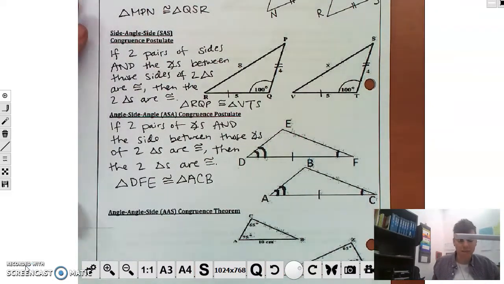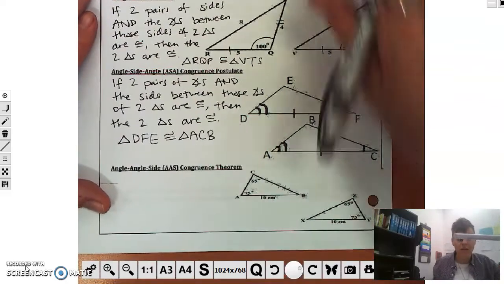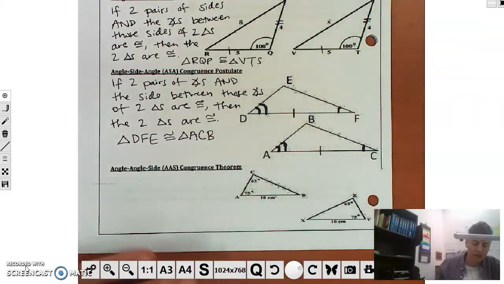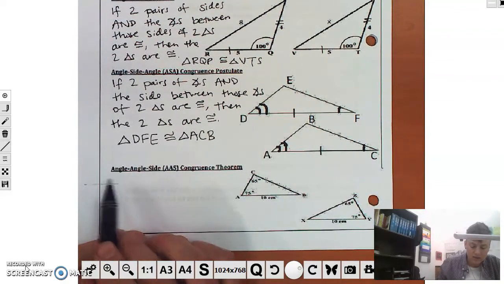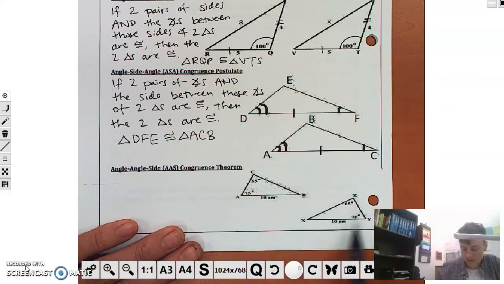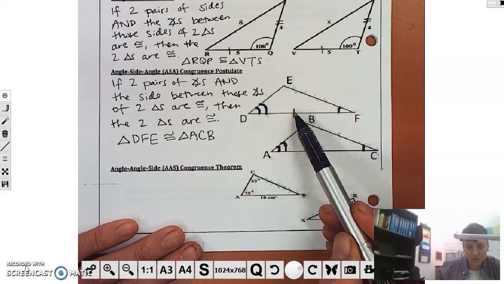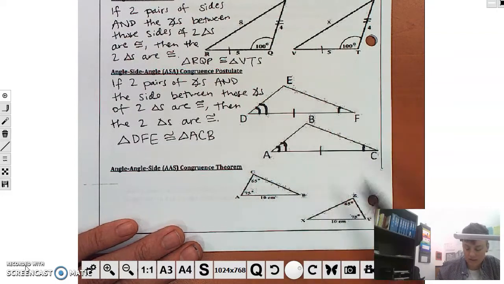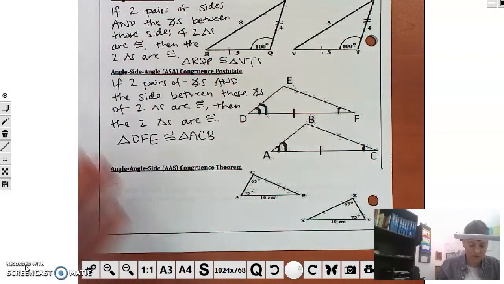Okay, and last but not least, the angle-angle-side congruence theorem. The angle-angle-side congruence theorem says if two angles in a row, one right after the other, and a side are congruent. So if two angles and the side that's not included with those two angles, so it's different from the last one because the side there was between the two angles, the side here is not between those two angles.